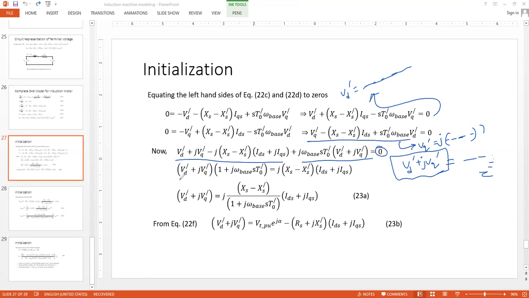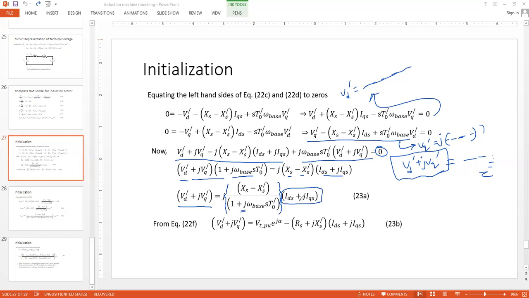Then you try to simplify the expressions, and ultimately you should come up with this kind of equation. VD dash plus JVQ dash equals some J multiplied by some terms, and also you have some J, and then this is IDS plus JIQS.